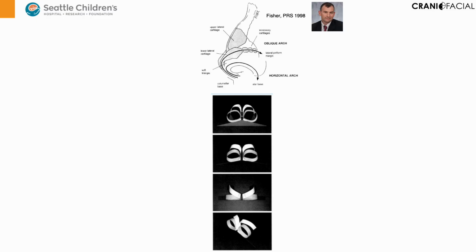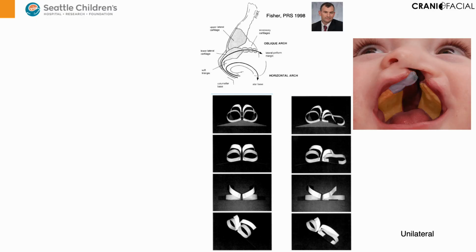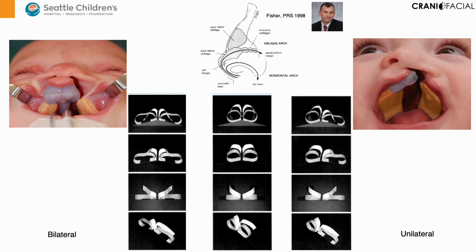If you pull the base of the ribbons apart on one side, those ribbons then start to resemble the deformity that you'd see with a unilateral cleft. If you pull the base of those ribbons apart on both sides, things start to look more like the shapes that you see with a bilateral cleft.